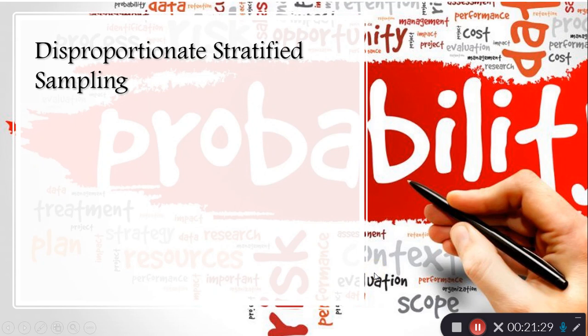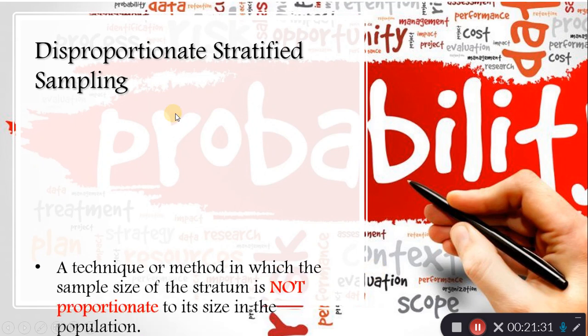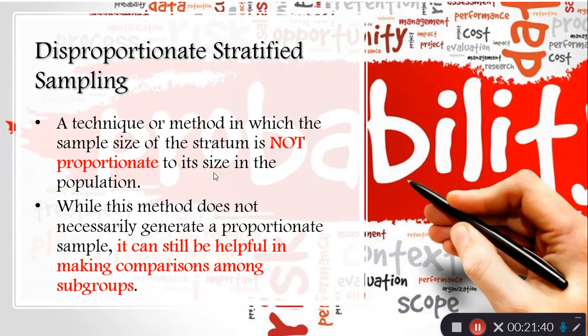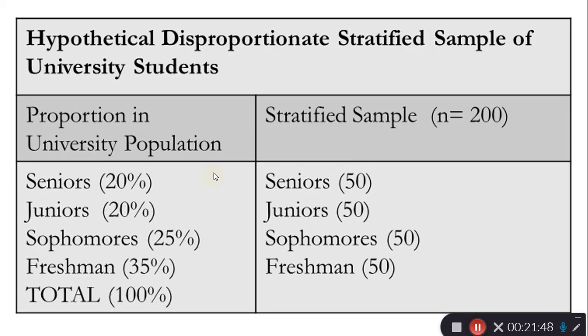By comparison, we have disproportionate stratified sampling. This is a technique or method in which the sample size of the stratum is not proportionate to its size in the population. While this method does not necessarily generate a proportionate sample, it can still be helpful in making comparisons among subgroups. In this case, we would completely bypass the proportionality of each group within the larger target population.